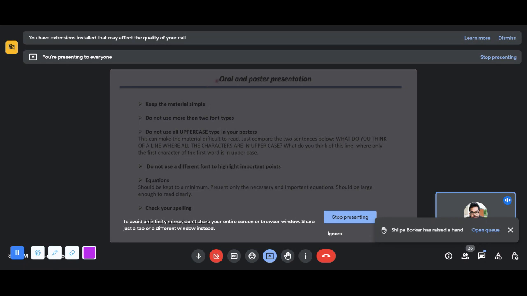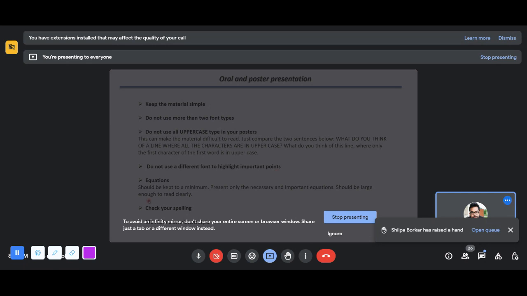Try to use the normal way of presenting. Do not use a different font to highlight any important point. You can use bold, or underline that particular word, phrase, or even the sentence, but do not use a different font to give importance.